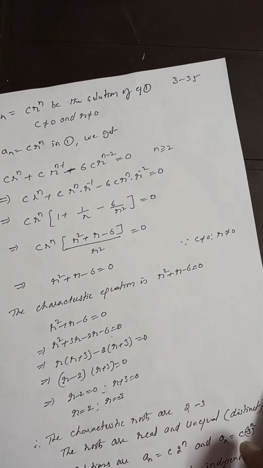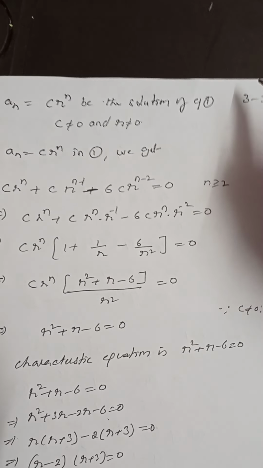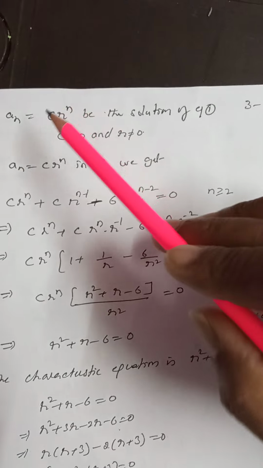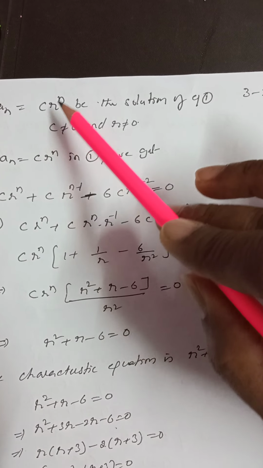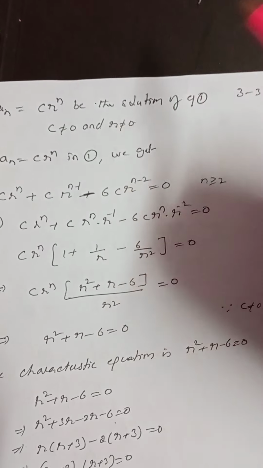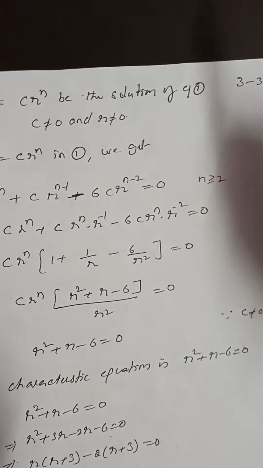Now what is our assumption? Let an is equal to c into r power n be the solution of the recurrence relation of order 2, where c is not equal to 0 and r is not equal to 0. Now substitute this an value in equation 1.